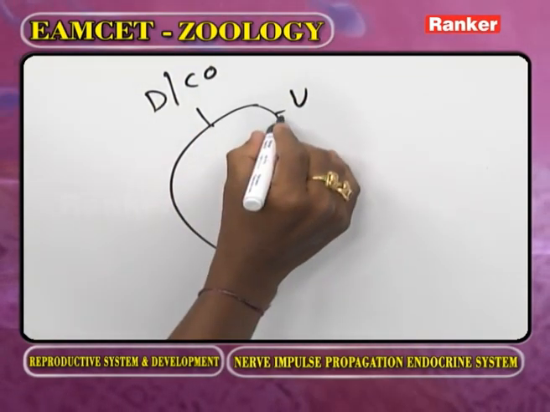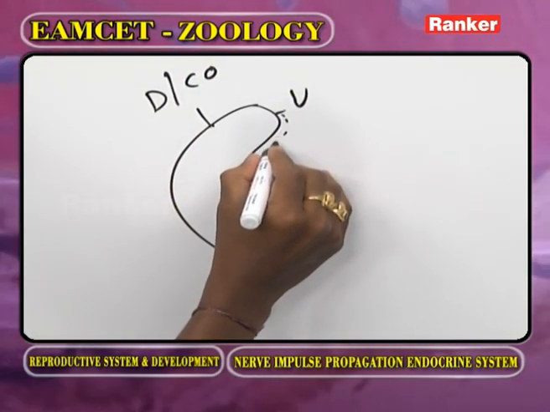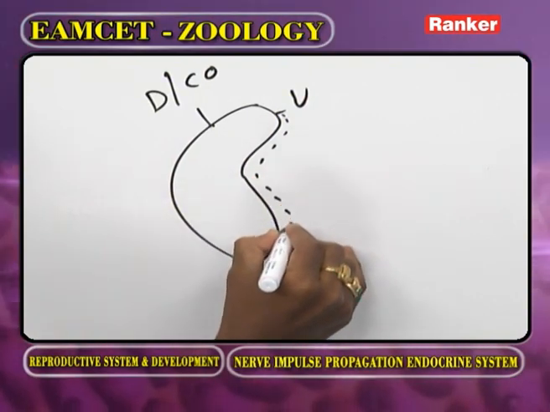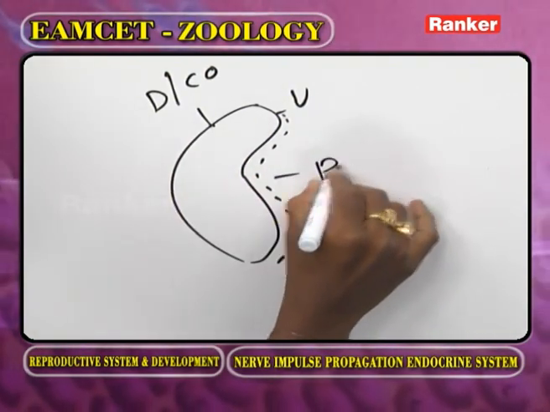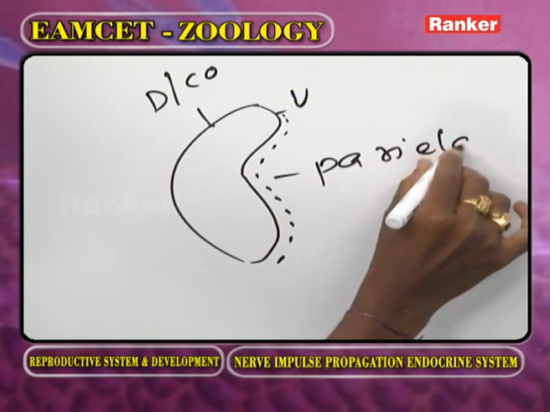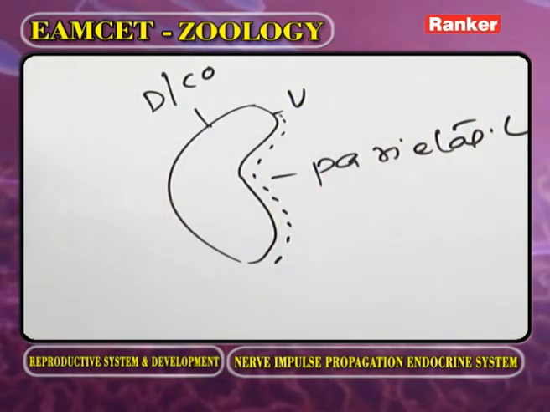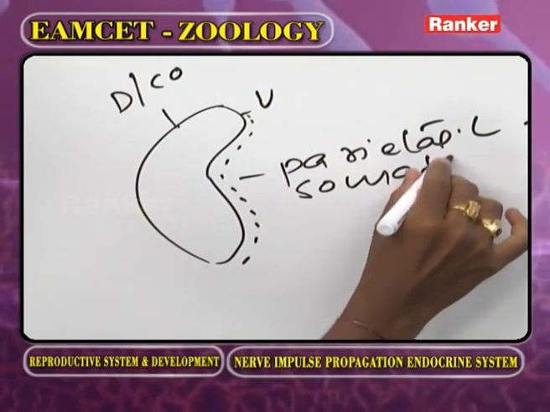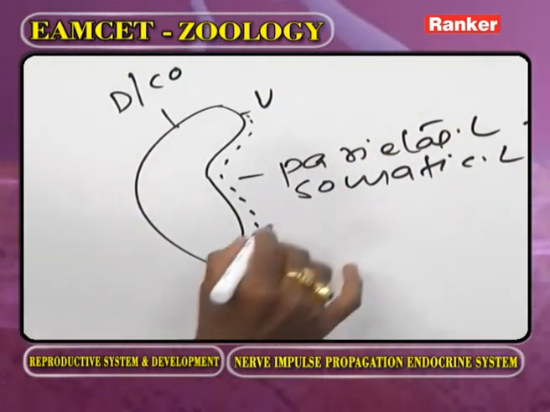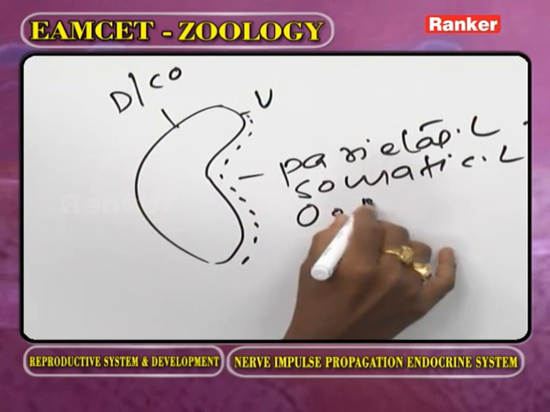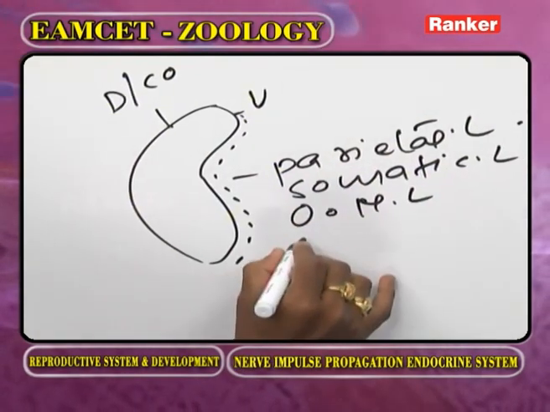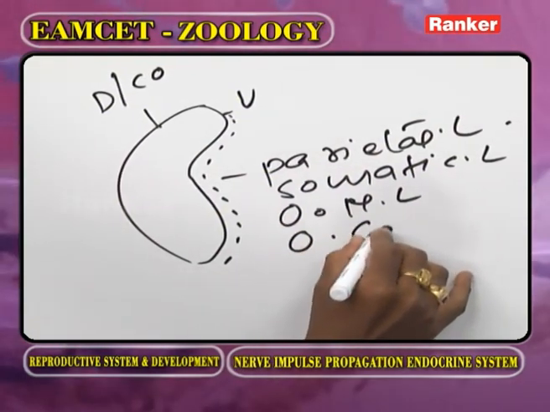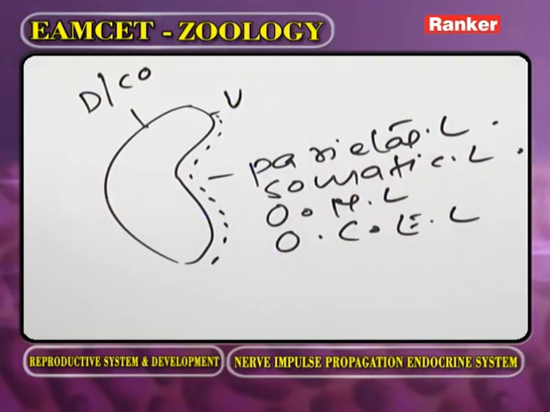Now as we observe the kidneys, on the ventral side of the kidney, what is present? The parietal layer. The parietal layer is also called the somatic layer. It is also called the outer mesodermal layer. It is also called the outer coelomic epithelial layer.